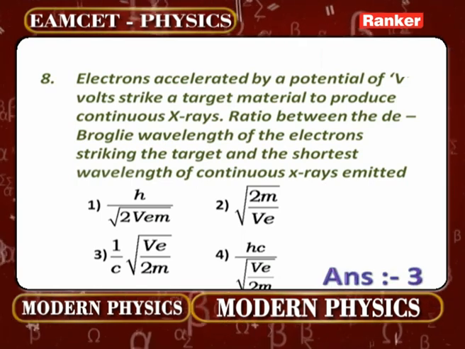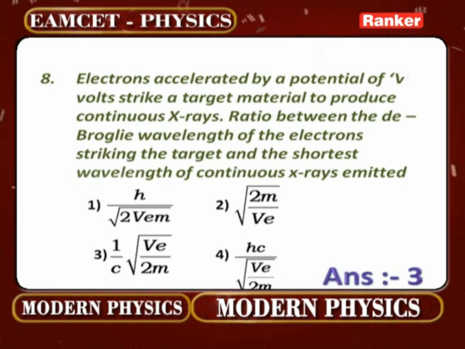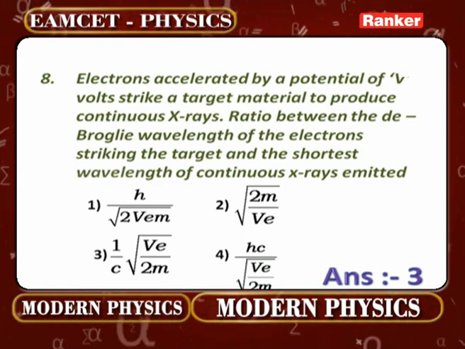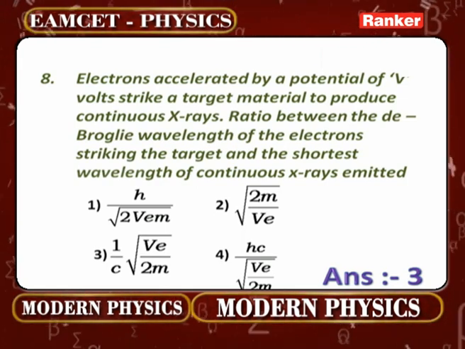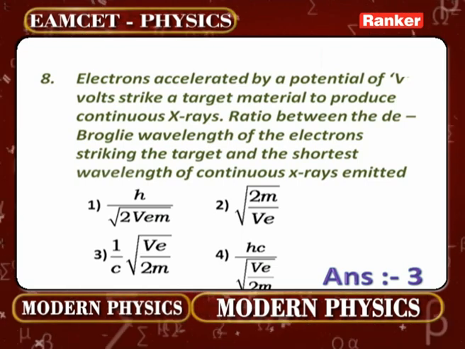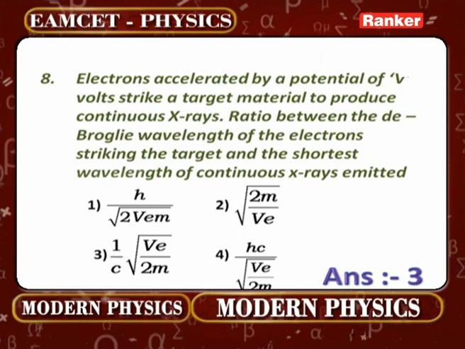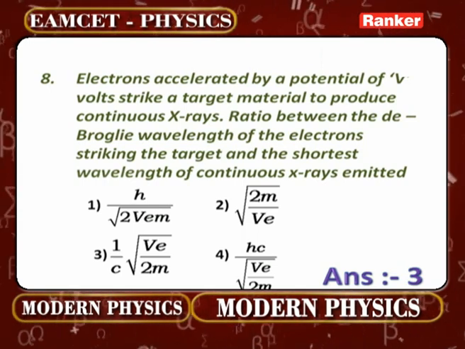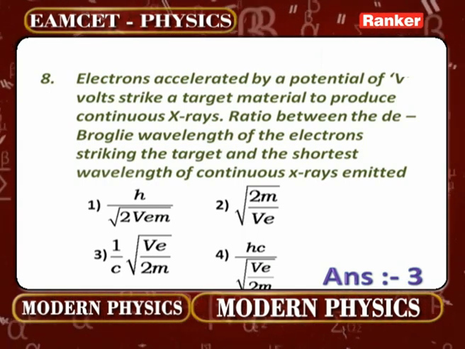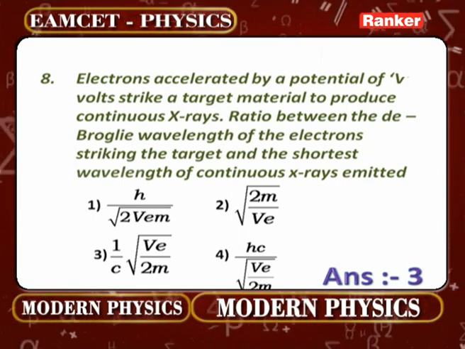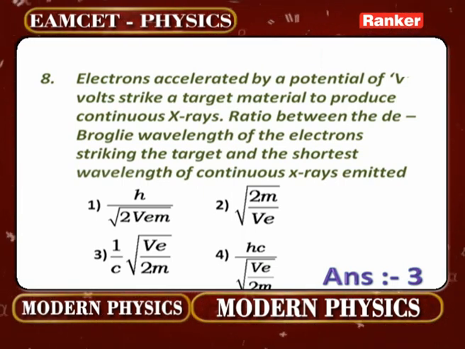Electrons accelerated by a potential of V volt strike a target material to produce continuous X-rays. What is the ratio between the de Broglie wavelength of electrons striking the target and the shortest wavelength of continuous X-rays emitted? First of all, what is the de Broglie wavelength of electron?